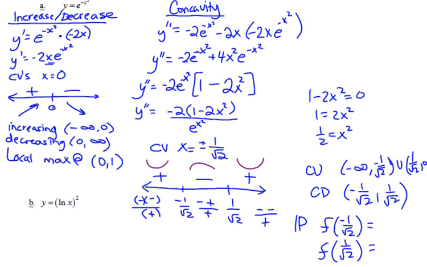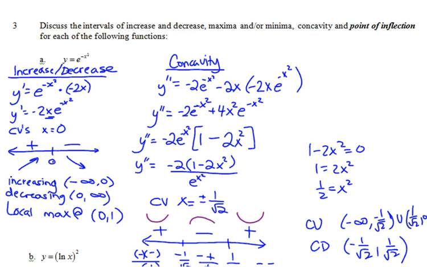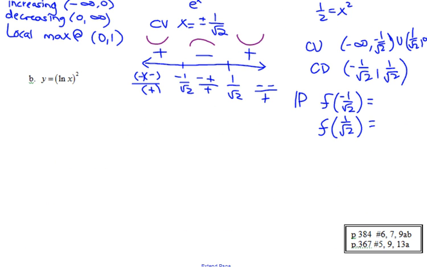So plugging in negative 1 over root 2, if I have negative 1 over root 2 squared, what does it become? Positive 1 over 2. So we have negative 1/2. E to the negative 1/2 is the same thing as 1 over root e. If you put in a positive 1 over root 2, it's going to be the same thing, so 1 over root e.